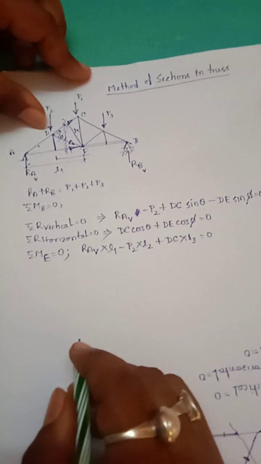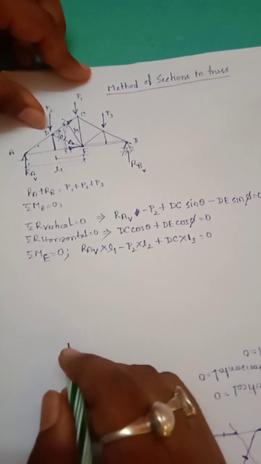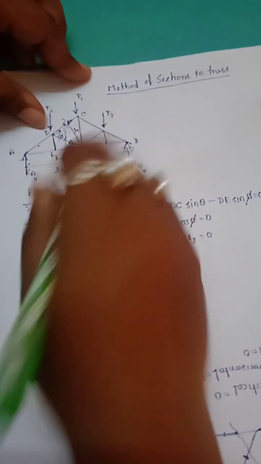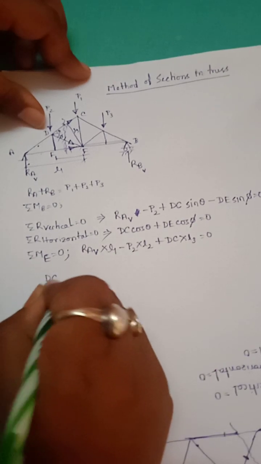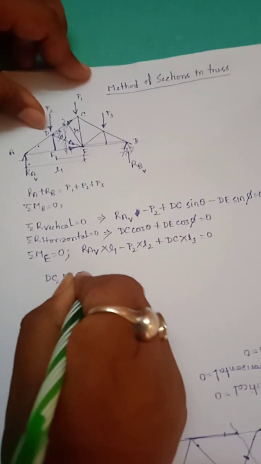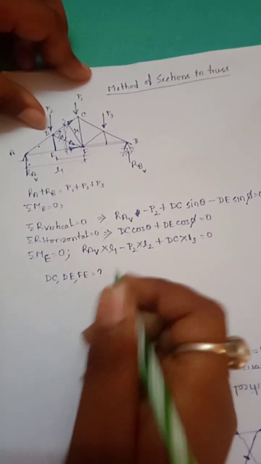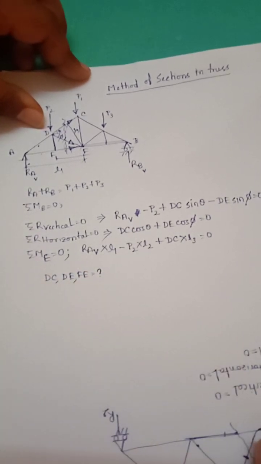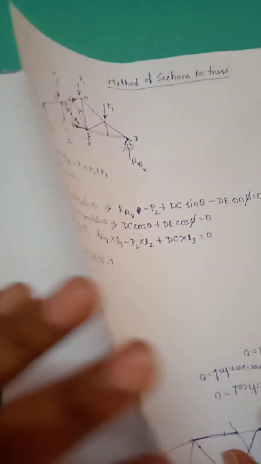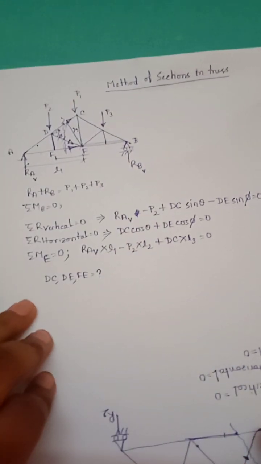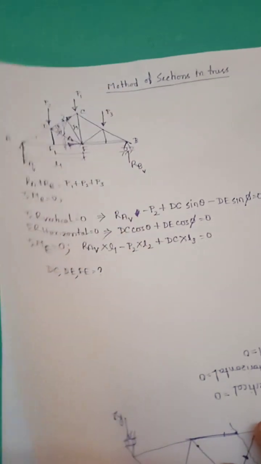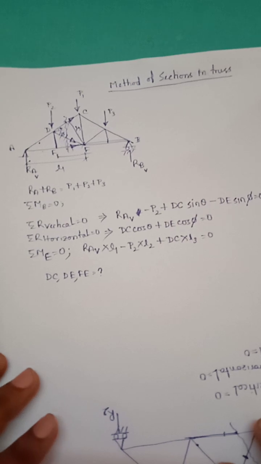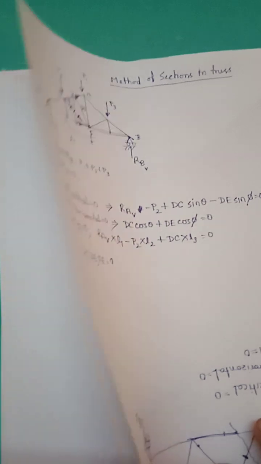So here we have three unknowns: force in DC, force in DE, and force in FE. And three equations, so we can solve them and get to know the forces in DC, DE, DF. So this may seem somewhat theoretical, and if you have followed up to this point, then we will get into some real hardcore problem.